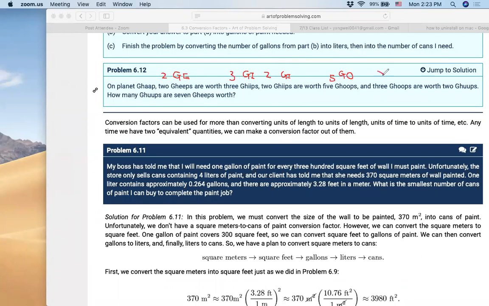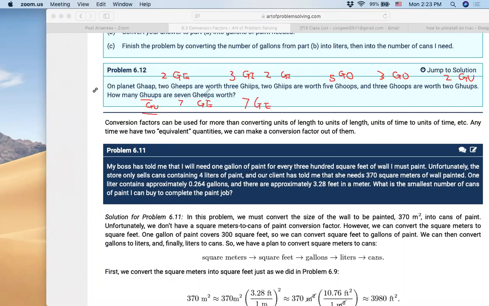Then 3 GO worth 2 GU, right? Now they ask you how many GU 7 GE is worth. Okay, 7 GE equals how many GU.